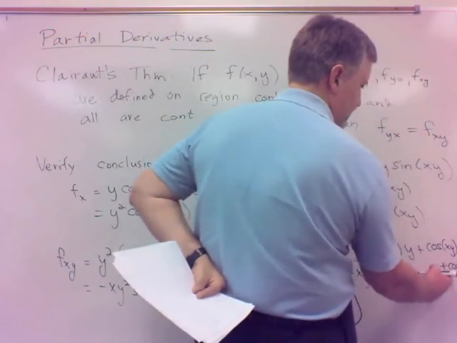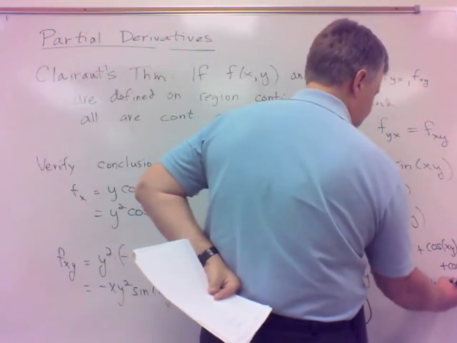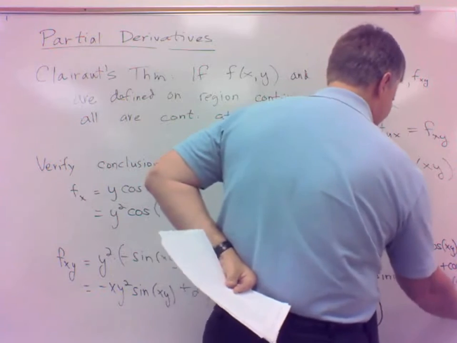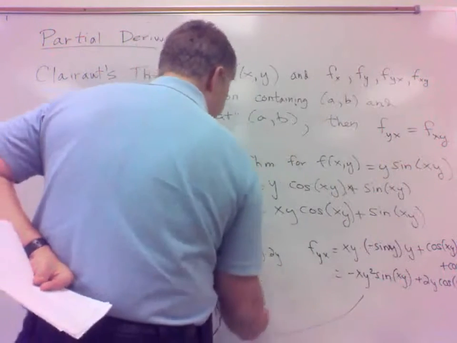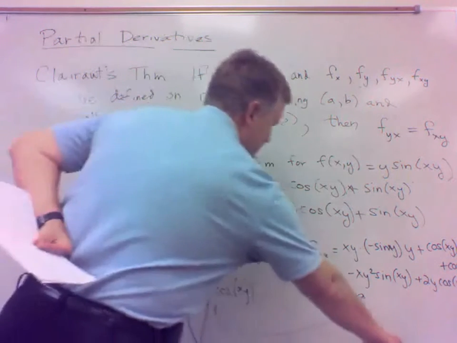And that's where it comes together, because that's 2y cosine xy. Okay. Sometimes it works out where one's easier than the other, and that's where this really comes in handy. They're both kind of monsters, but they are the same.